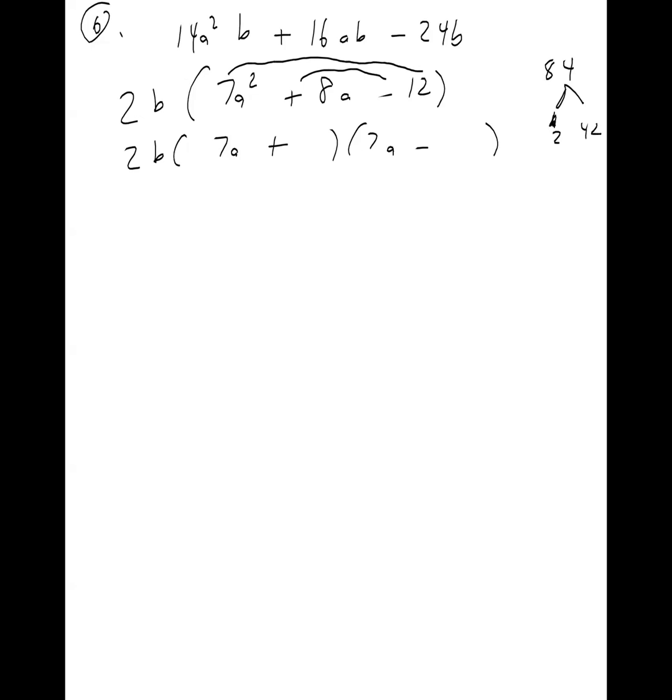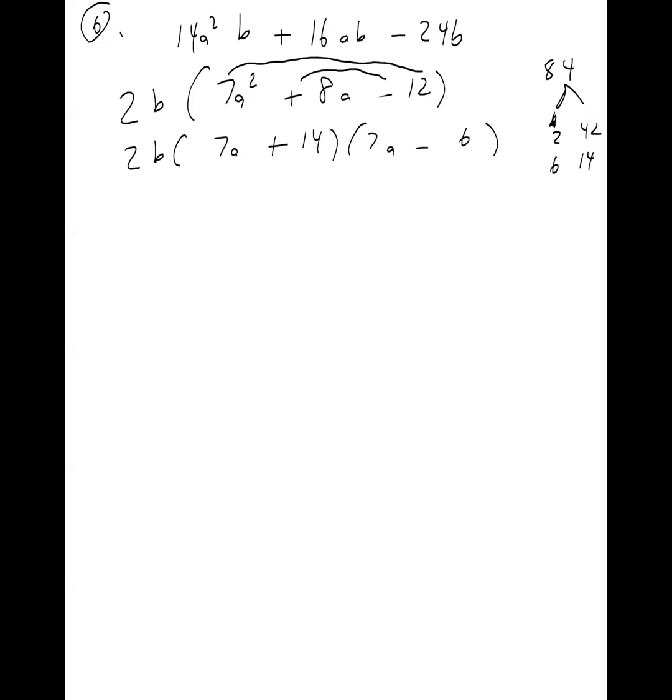How about 6 times 10 plus 14? Nope. How about, well, actually, that might work. 6 and 14, that actually does work. So 6 times 10 is 60, plus 6 times 4 is 24. 60 plus 24 is 84. And if I put the 14 here, and if I put the 6 there, that subtracts to equal 8.